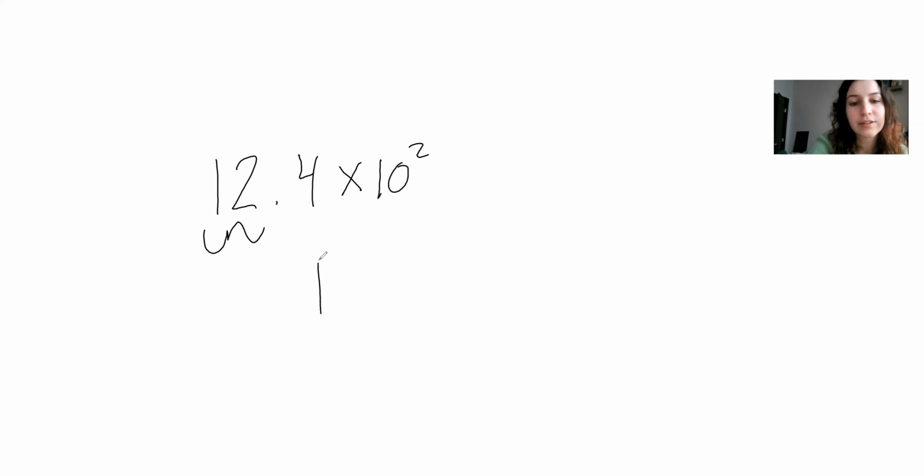So let's just do it as we did before. We have 12.4, and we want to move the decimal. It does not matter that the decimal has two digits preceding it. All that matters is that we move it 2 places to the right, and we're moving it 2 places as that is the exponent on the 10 in scientific notation.